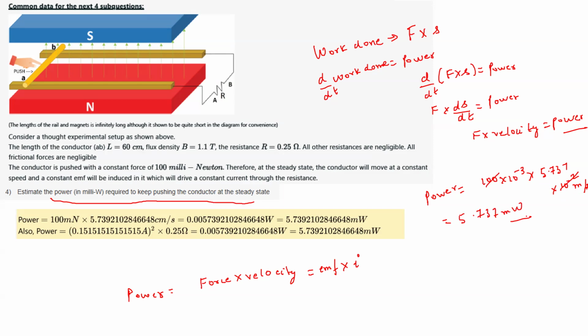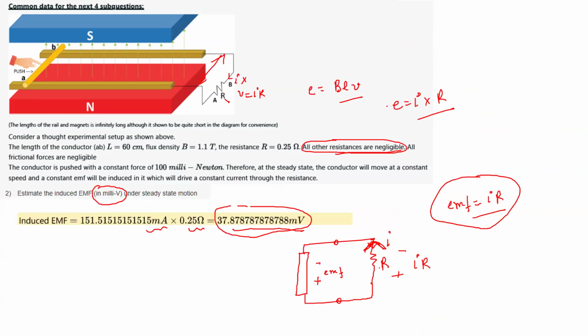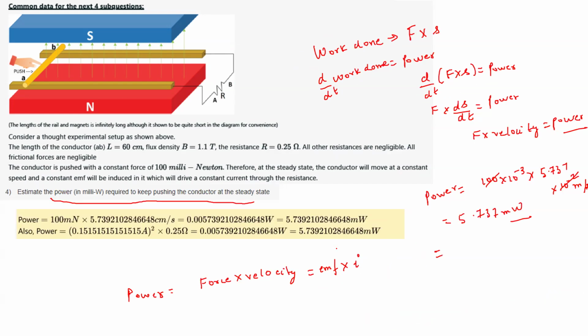Then you can also find it using EMF into I. So what was the EMF? From this expression, EMF was 37.87. So power is equal to EMF into I also.